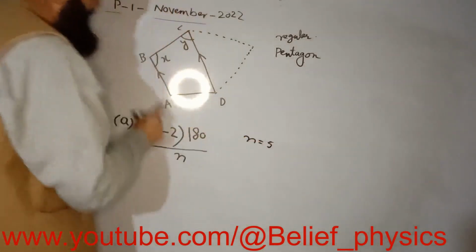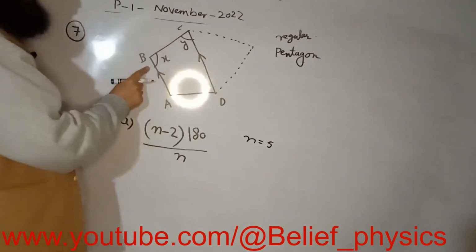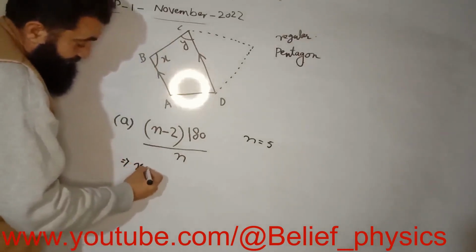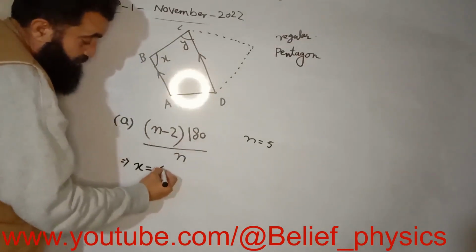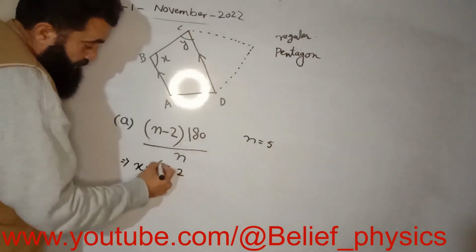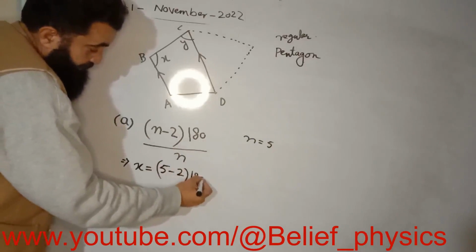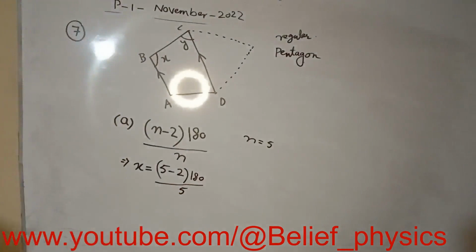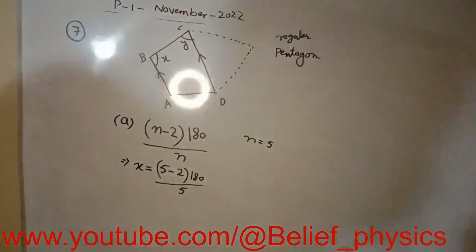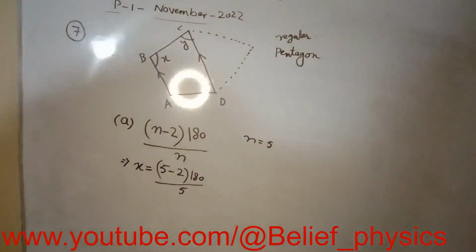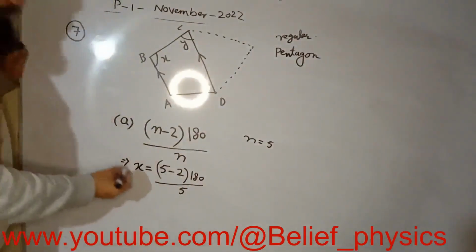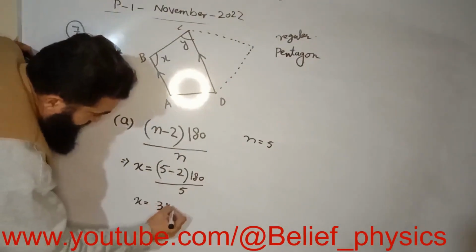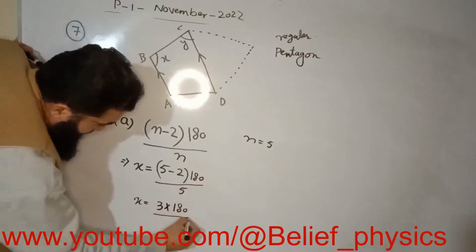Here each angle is equal to x, because x is one interior angle of the pentagon. So x is equal to 5 minus 2 into 180 divided by 5. Simplify it and you will get the value of x. I simplify it for you. Now x is equal to 3 into 180 divided by 5.